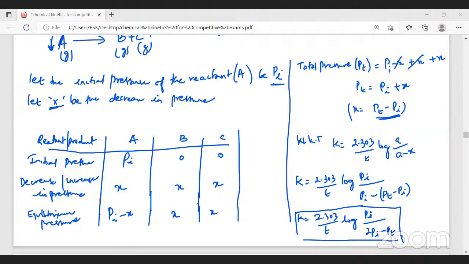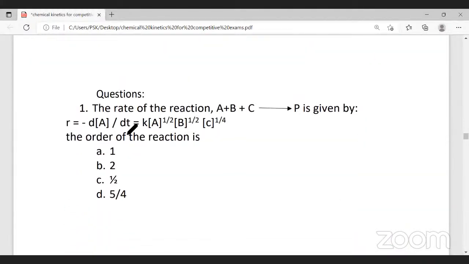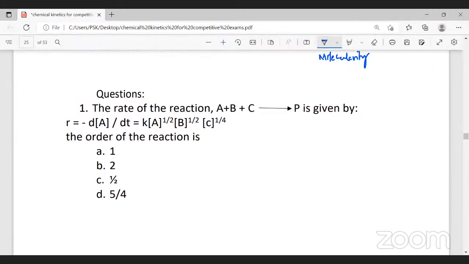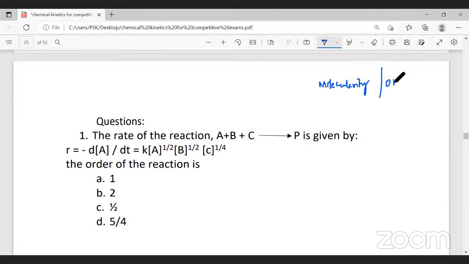You followed? The derivations are there, and we can work problems based on the derivations a little later when we continue with the topic. Now, also students, for Ritika and Dhanalakshmi, a few classes you missed, we were talking about molecularity and order of the reaction. You can go through the other classes' videos and you will know molecularity and order of the reaction.